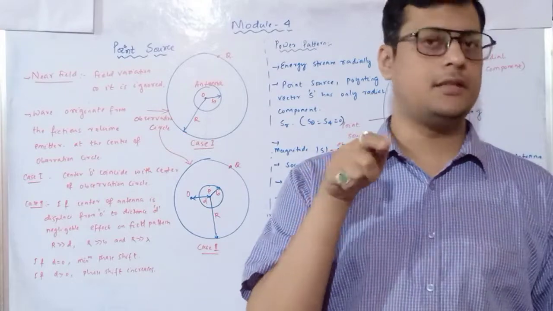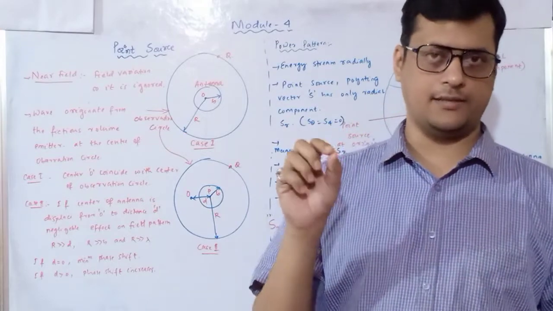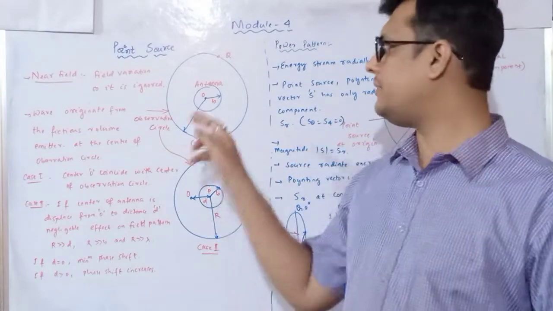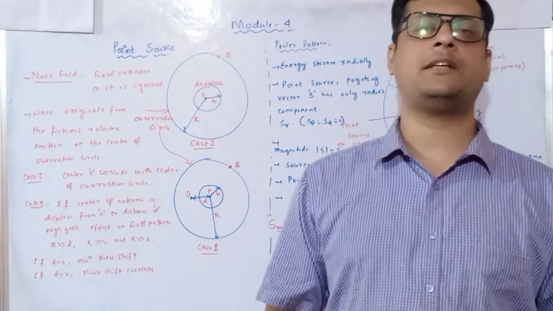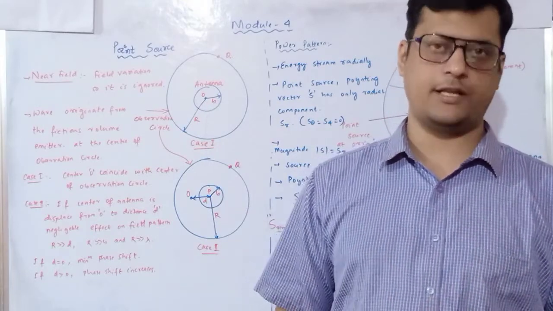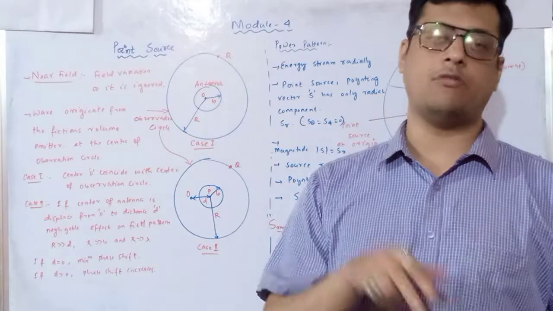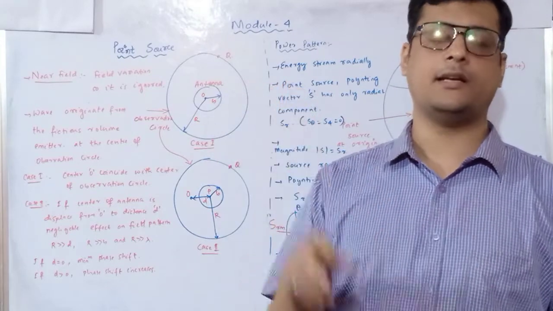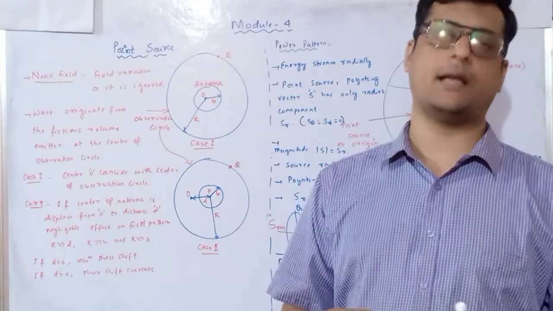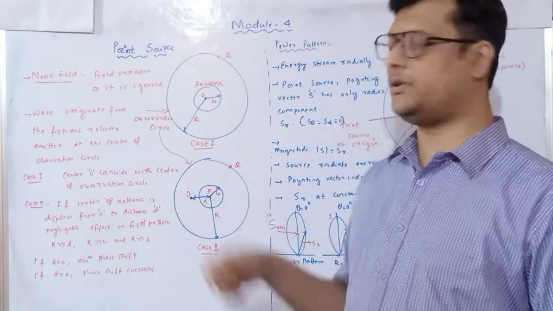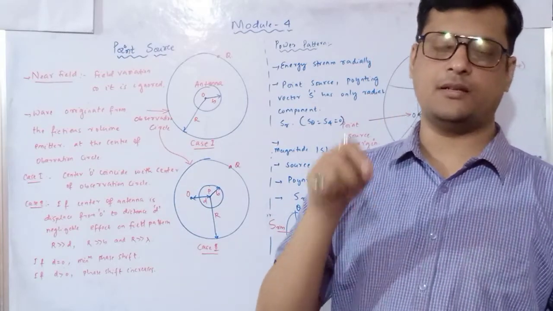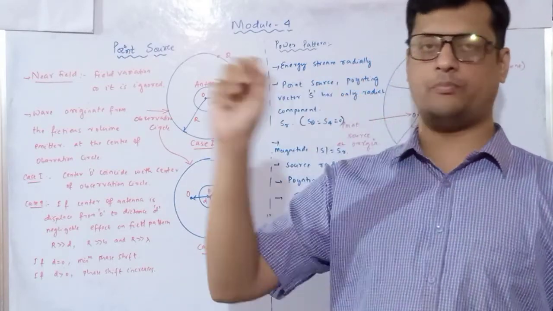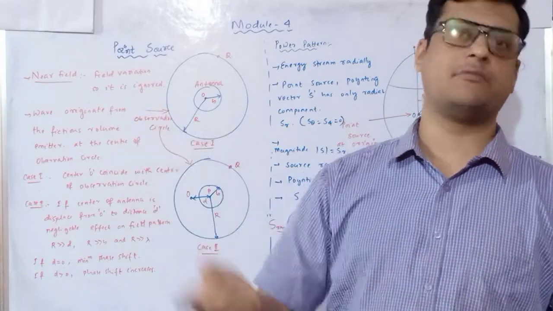If the D value is 0, if there is no change, the phase shift is very negligible. The phase shift between E and H, which is out of phase by 90 degrees as I have discussed, is very negligible. But if you change the position of that antenna from O to P, the phase shift will increase.